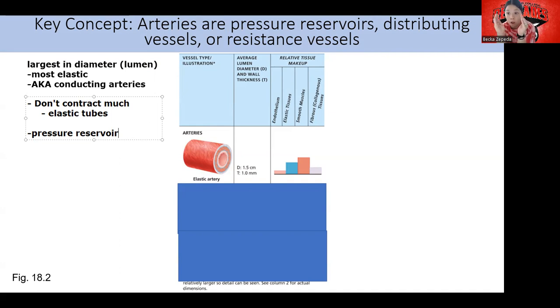So they're holding on to that pressure from the heart. And when they recoil or go back to their original position, that's going to shoot the blood forward. Okay. So they expand and recoil as the heart pushes out the blood.